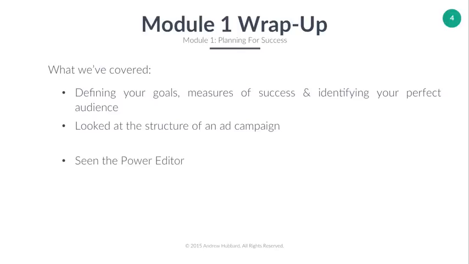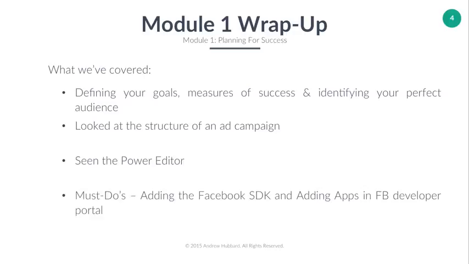We've seen the Power Editor and had a quick overview of its features and functions. And then we covered a few must-do items. They included adding the Facebook SDK and adding apps in the Facebook Developer Portal. Next up in Module 2, we'll look at the most powerful part of Facebook advertising, and that is targeting.